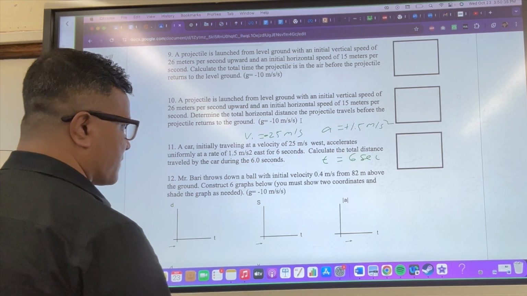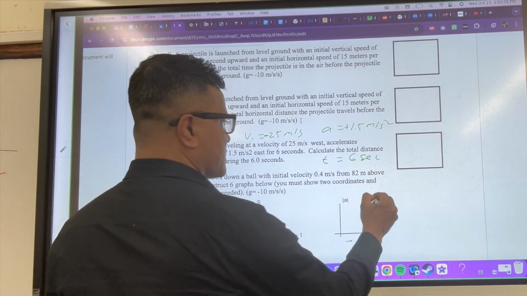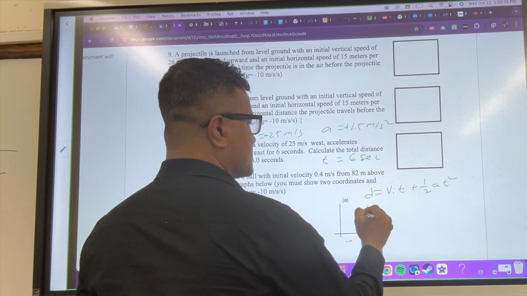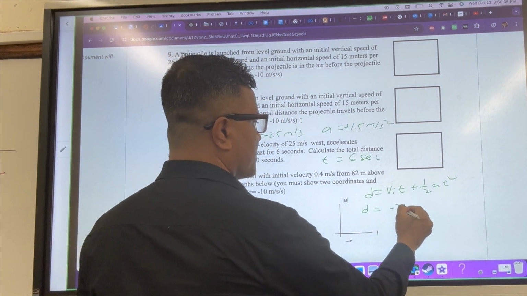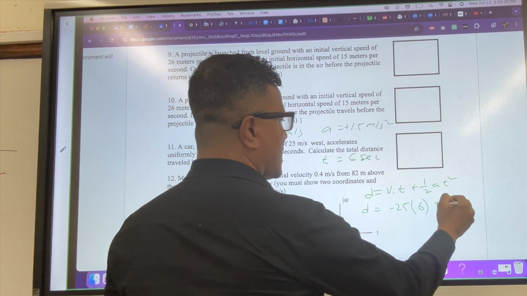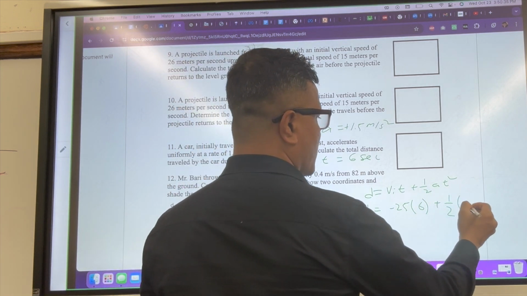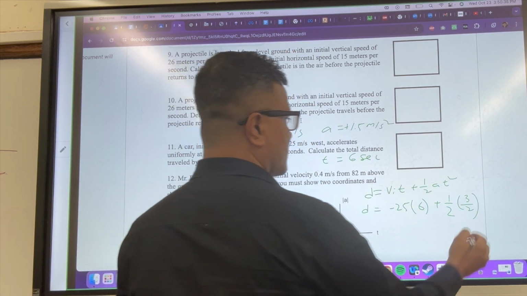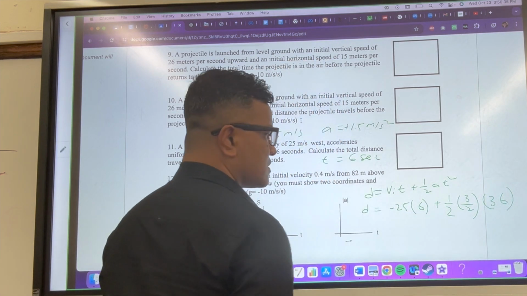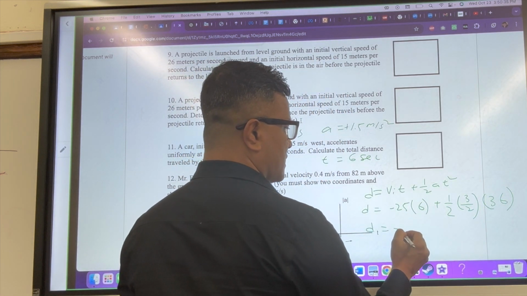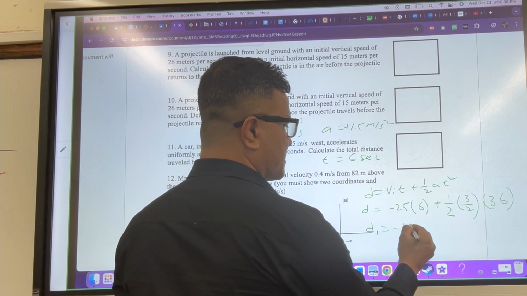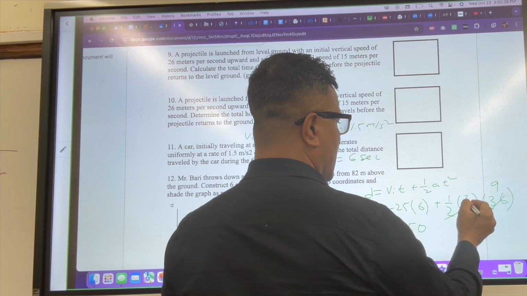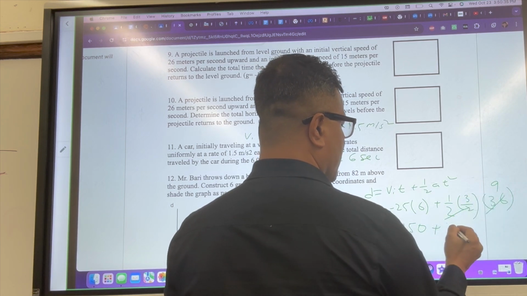So there are many ways you can find this one, but the best way is distance is equal to Vit plus half At squared. Now Vi is negative 25, time is 6, plus half, acceleration is given 1.5, so 3 over 2, and the time squared is 36, right? So now d is equal to negative 150, plus 4 goes into 36, 9 times, plus 27.